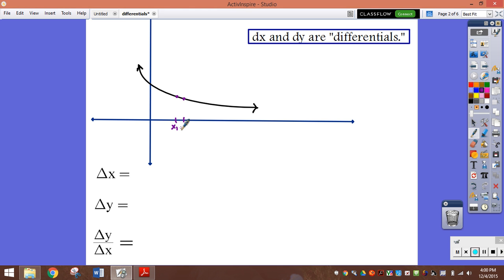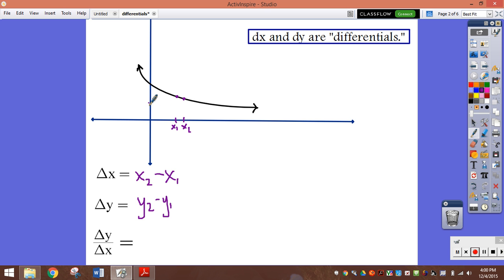So let's say this is x1, this is x2, and so delta x would be x2 minus x1. So that would be the horizontal change, or the amount your x has changed. And then delta y would be y2 minus y1, which is your vertical change. You know, you're changing your y values.